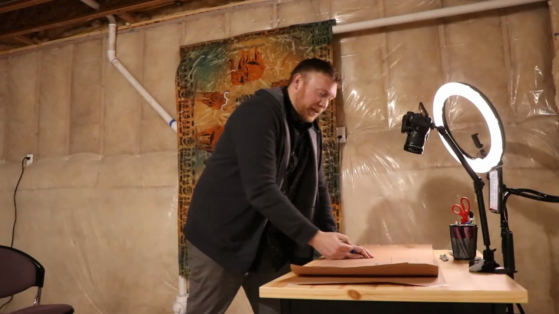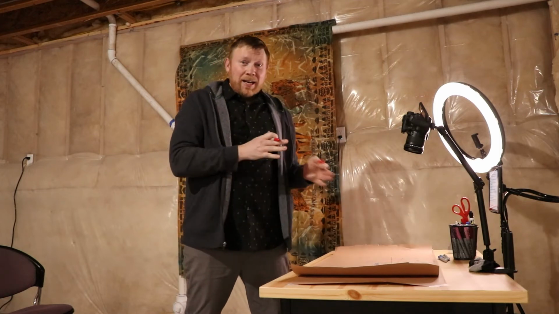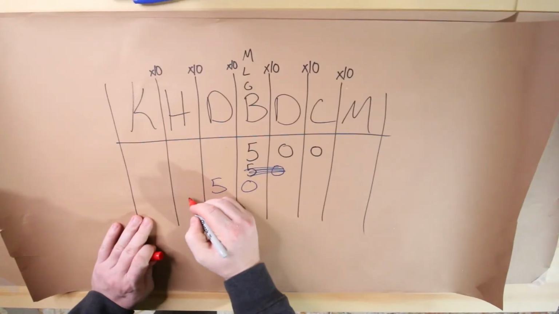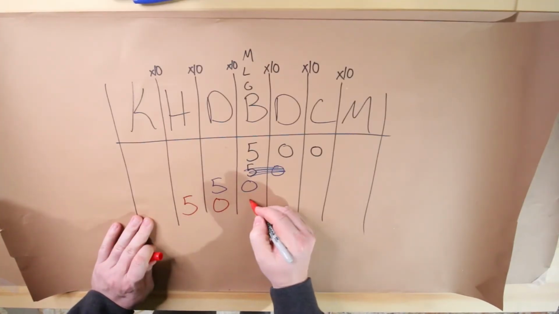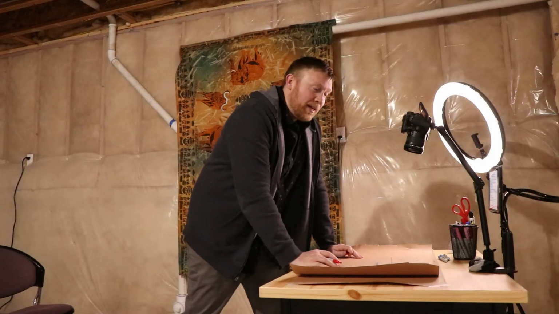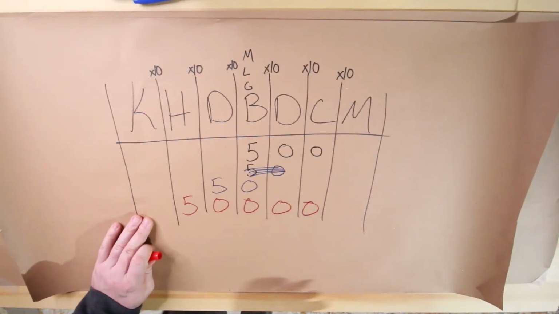So if I'm starting with meters, it's going to end up in the meters box. For example, if I have 500 meters and I need to figure out how many centimeters that is, I'm going to put 500 so that my ones place or my last digit is in the meters box, and then I can multiply by 10 from there all the way to centimeters.